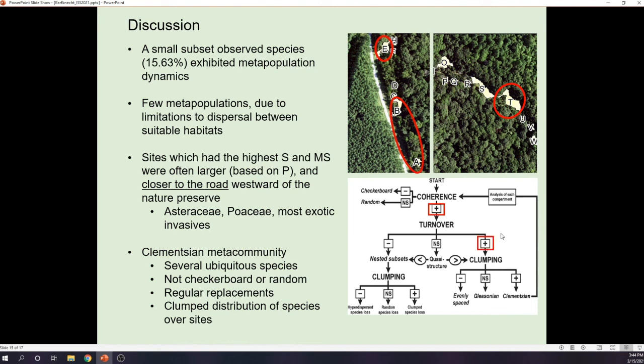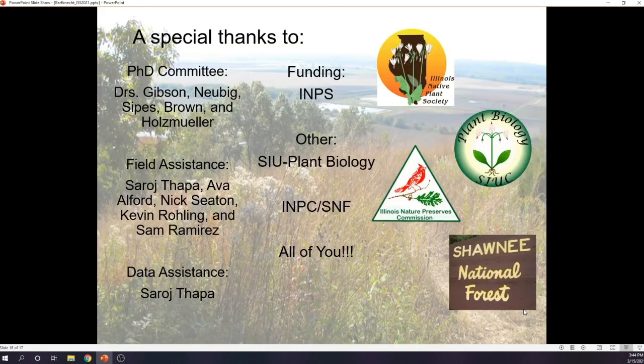There's also regular positive replacements, where if a species is taken out of one community, the next community replaces it with a different species. And then finally, there's a clumped distribution of species across individual sites, and all these together strongly point to at least some form of a Clementsian metacommunity structure.